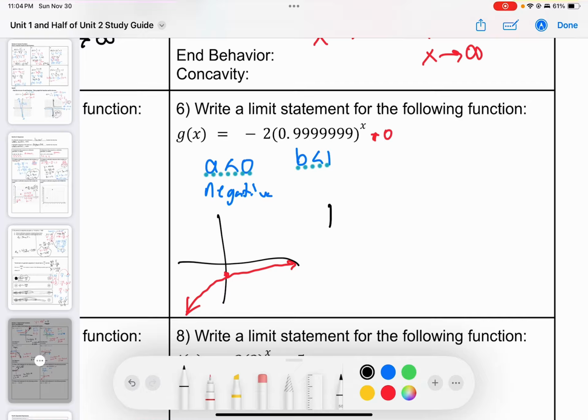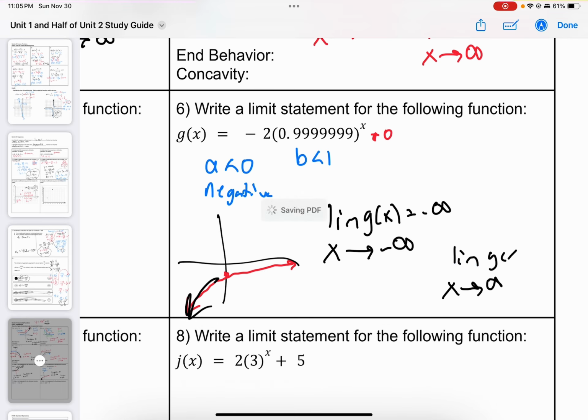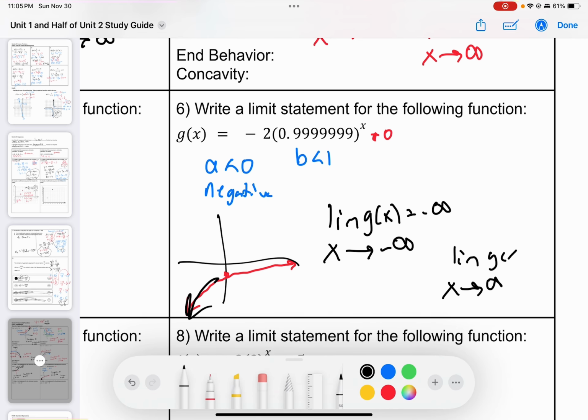So as the limit as x approaches negative infinity, where is g of x headed? It's headed towards negative infinity, right? And the limit as x approaches positive infinity of g of x is equal to k. And in this example, k is 0.